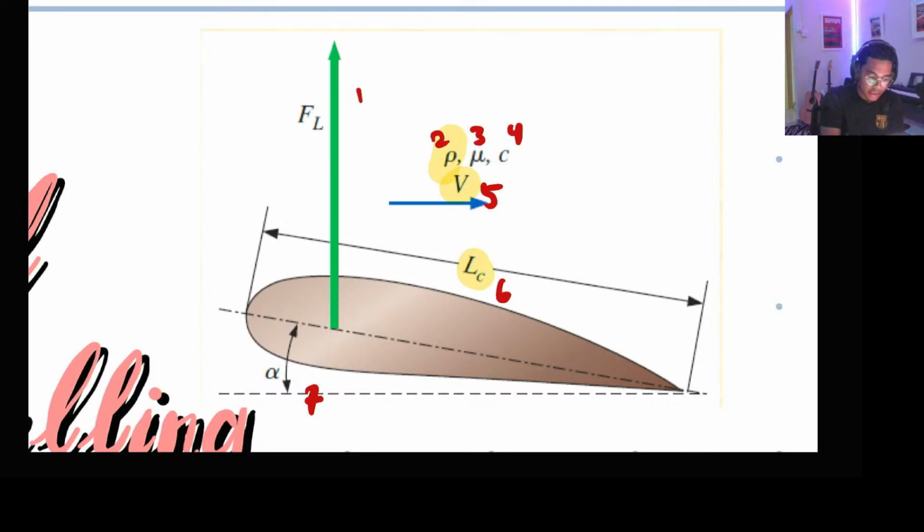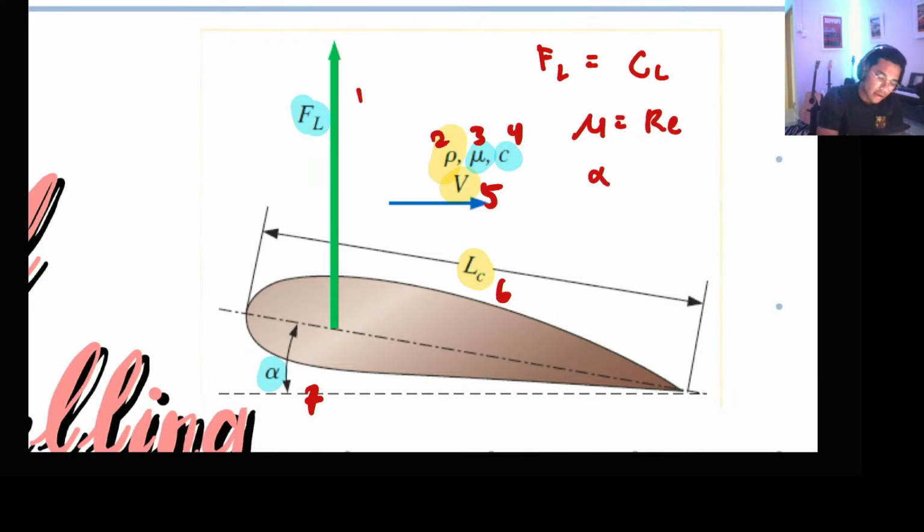So the non-repeating is FL, alpha, viscosity, and also C. I have mentioned that the clues of the non-repeating parameters can be found in the table. So for FL, you should find coefficient of lift. With viscosity, you should find Reynolds number. Angle of attack is already a non-dimensional parameter itself. C is the speed of sound.